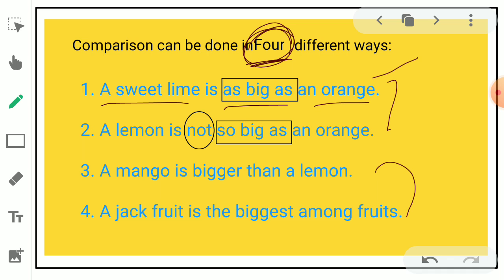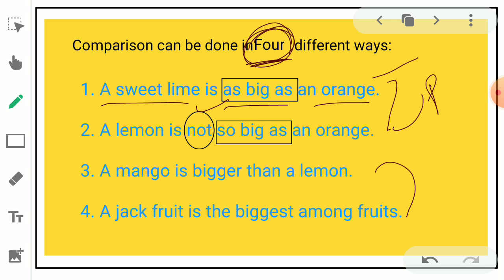This sentence is in positive form. The next sentence is also positive in concept, but the difference is that the second sentence is negative. Just read it out: a sweet lime is as big as an orange. A lemon is not so big as an orange.